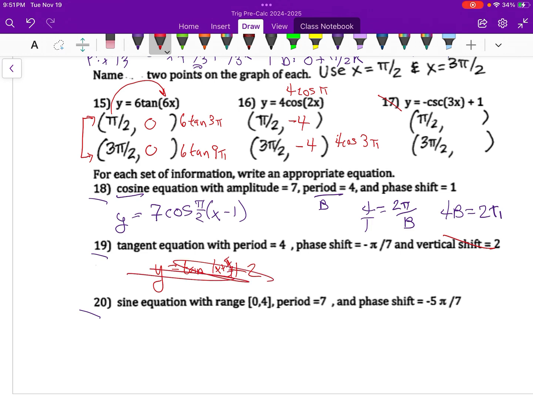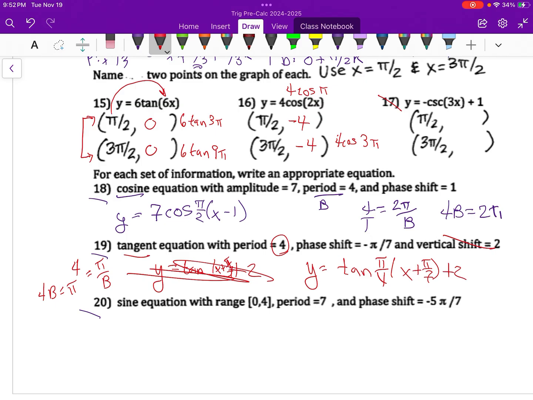Boy, that is so small. All right, y equals tan something in the front, x plus pi over 7 plus 2. And then again, we're back to the b value. Now be careful on this one. You're going to have to go 4 is equal to pi over b because you're dealing with a tan. So that's 4b is equal to pi, or b is pi over 4. And you put your formula together.